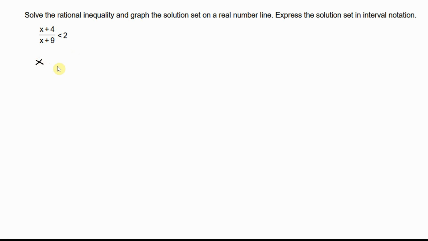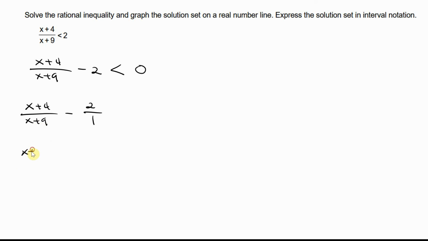So we're going to subtract 2 on both sides. So it's (x plus 4) over (x plus 9) minus 2, less than 0. So here we combine 2 fractions. We're going to write this as one term. Remember, this is 2 over 1, so the least common denominator is x plus 9.